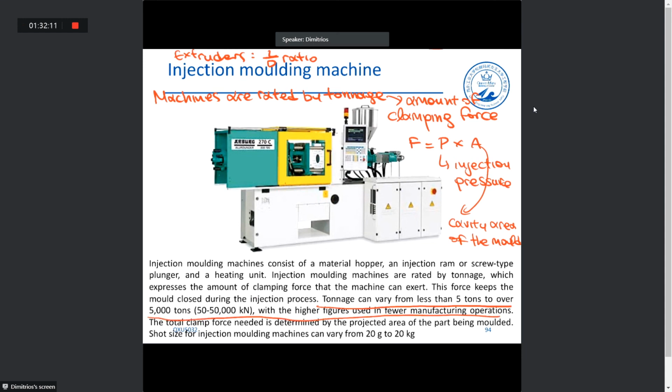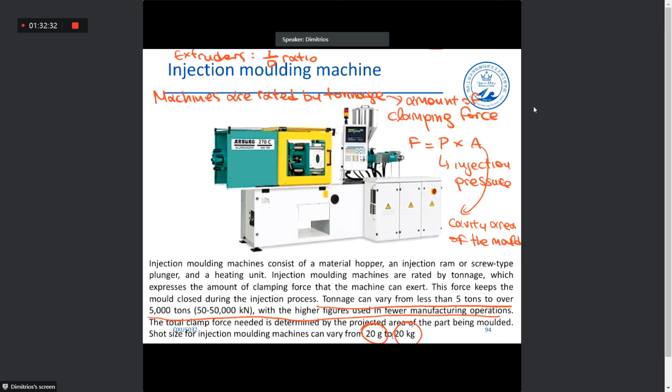Let's have a look once again at how injection molding takes place. I told you that we have the feeding zone. We feed our polymer pellets here, okay? Here throughout we have heat, okay? We have increased temperature in order to have the polymer in a melt state, okay?